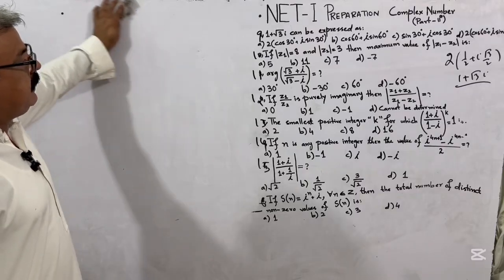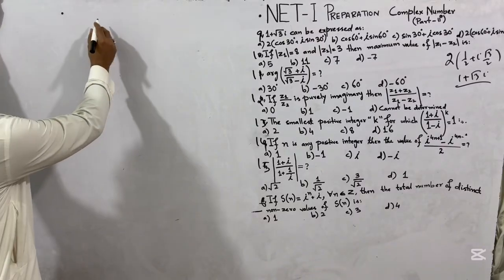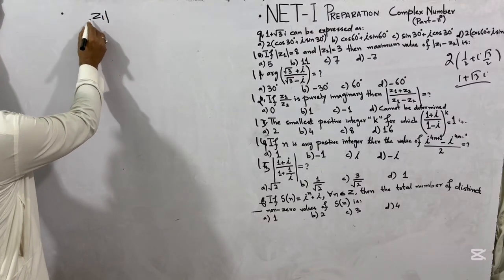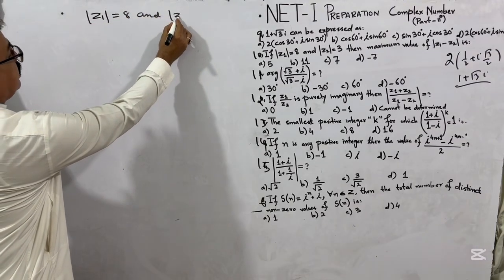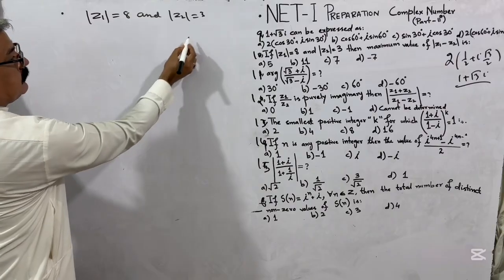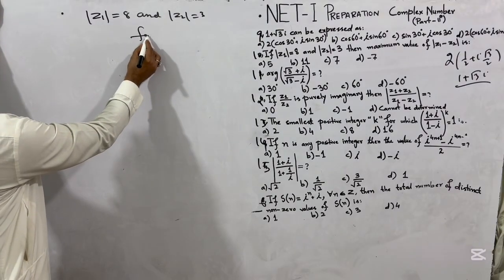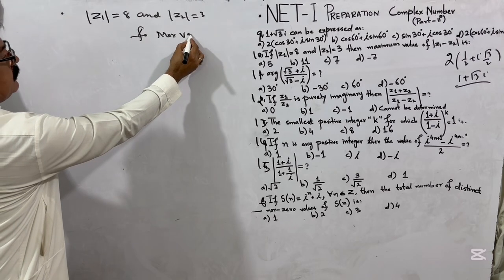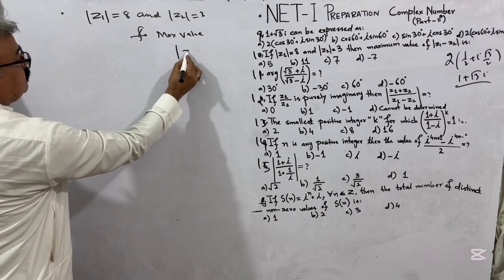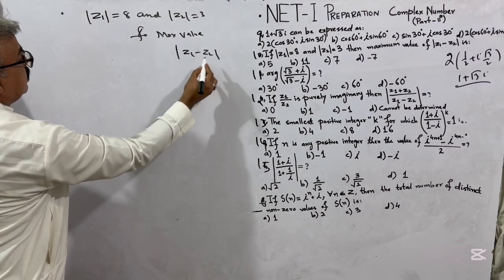Okay, we have given mod of z1 is equal to 8 and mod of z2 is 3. We are asked to find the max value of the difference z1 minus z2.